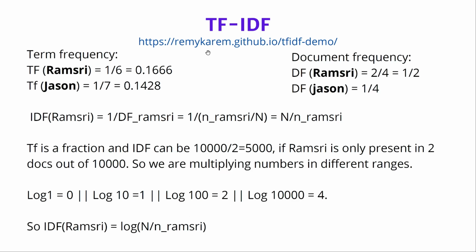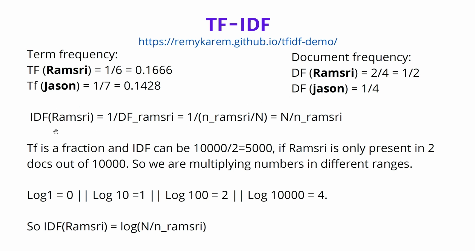So let's just understand it for the word Ramsri. You know that in the first sentence, the term frequency for the word Ramsri is 1/6, so 0.166. And the document frequency for Ramsri is actually 2/4 because it only comes in 2 sentences out of the total 4 sentences, so 0.5.